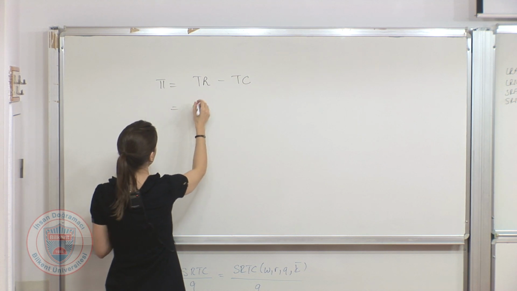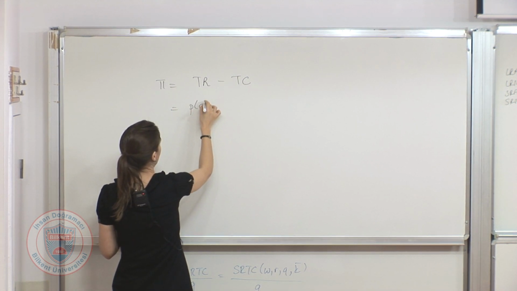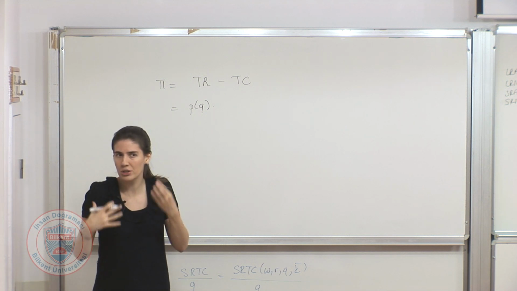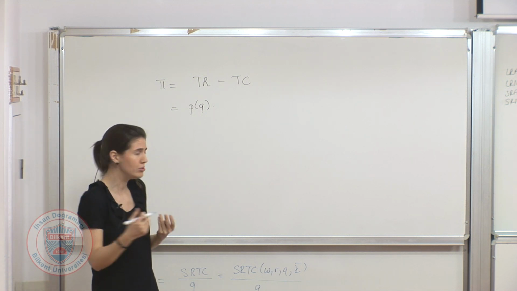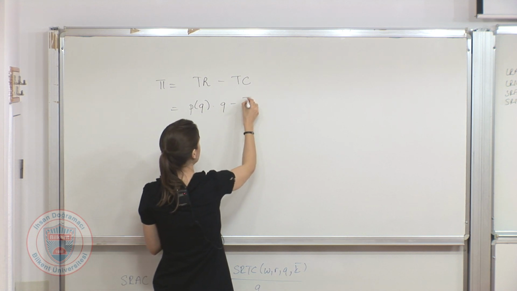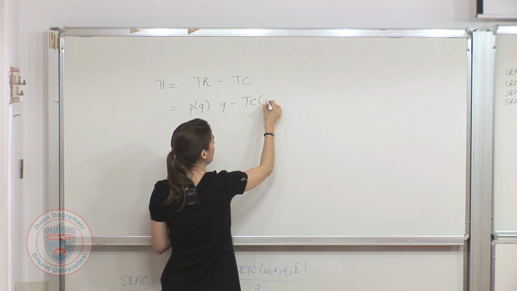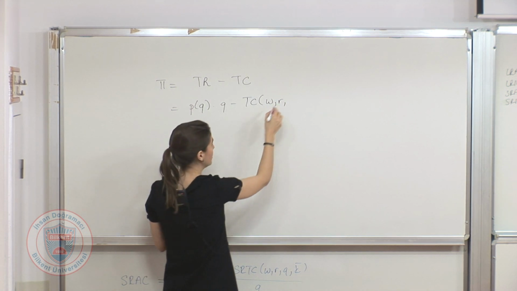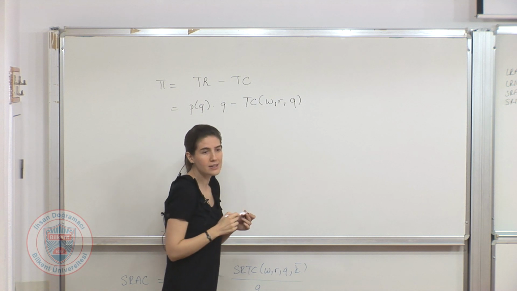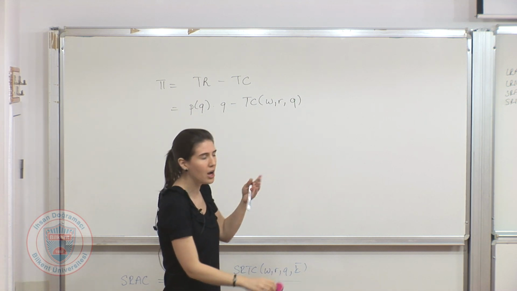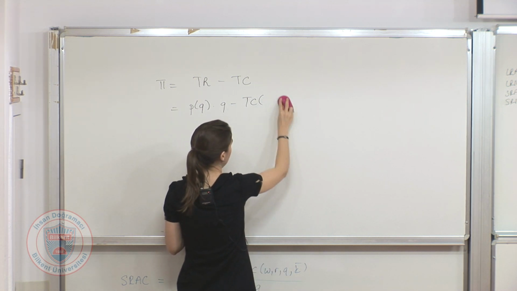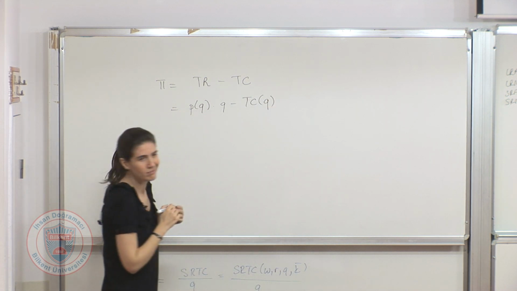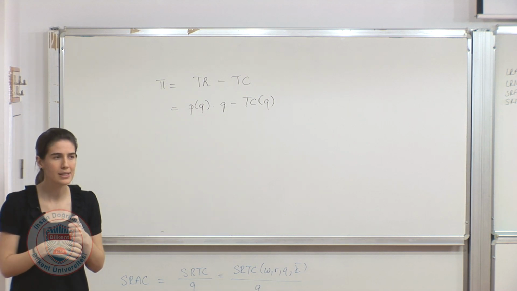Remember, total revenue is price times quantity, but price could be a function of the quantity that you would like to produce, okay? And total cost is a function of wage, R, and Q, the amount that you would like to produce. And suppose I give you wage and R, then it's a function of Q, basically.